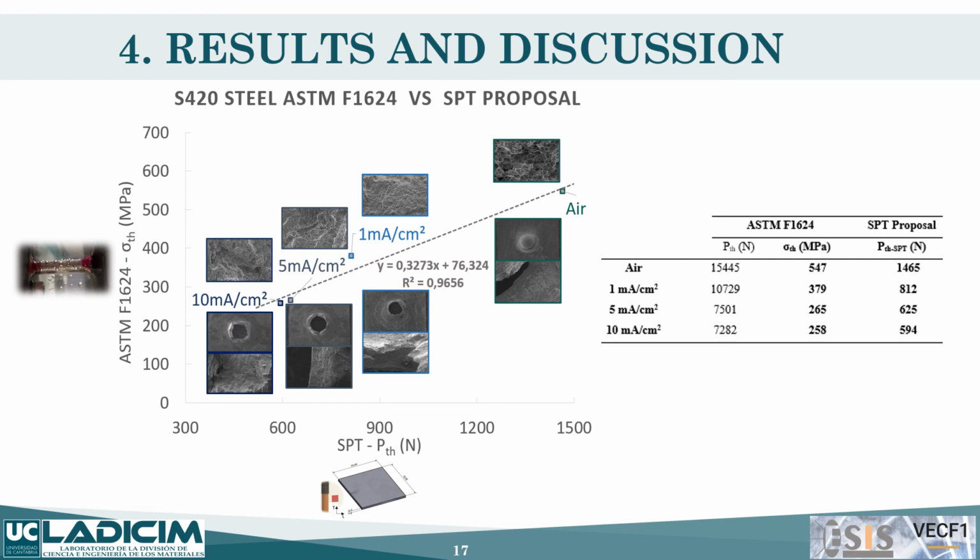Even for the 10 milliamperes per square centimeter environment in which the material was saturated, well, in fact it was close to saturation at 5 milliamperes per square centimeter, this trend was shown in a similar way in both cases.